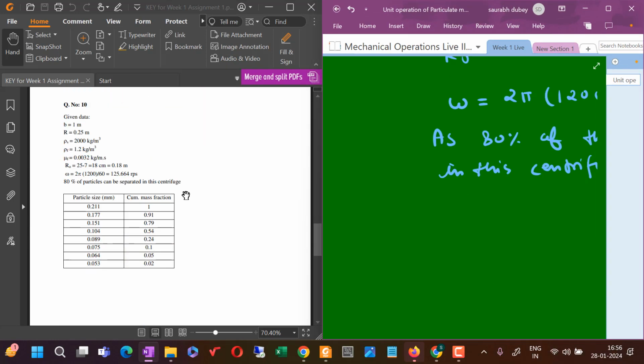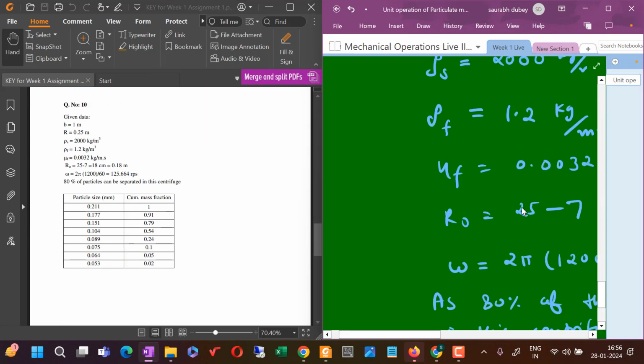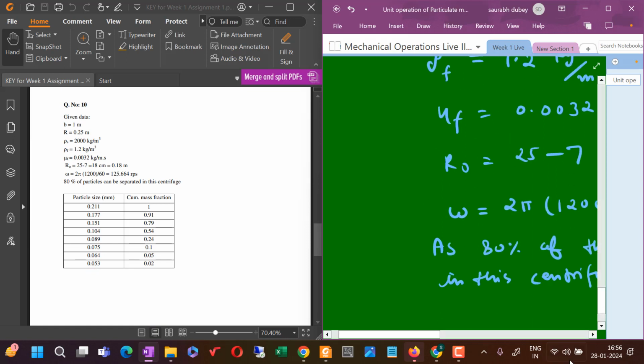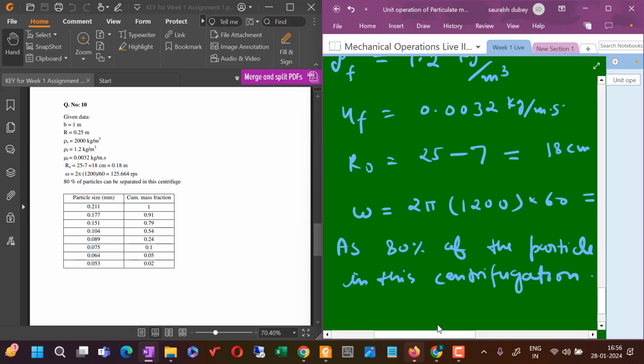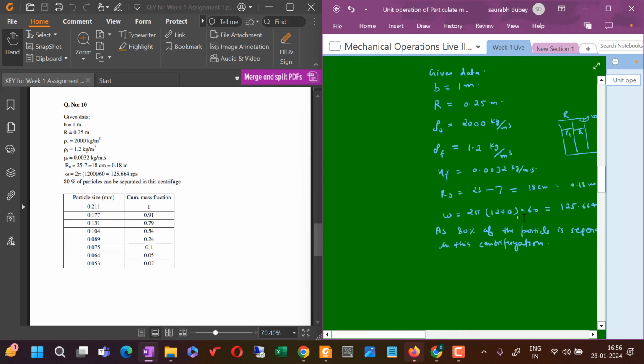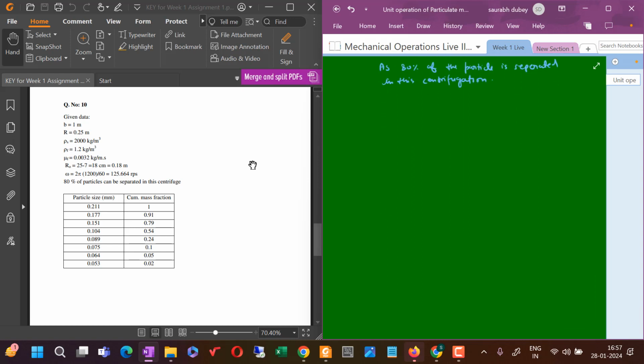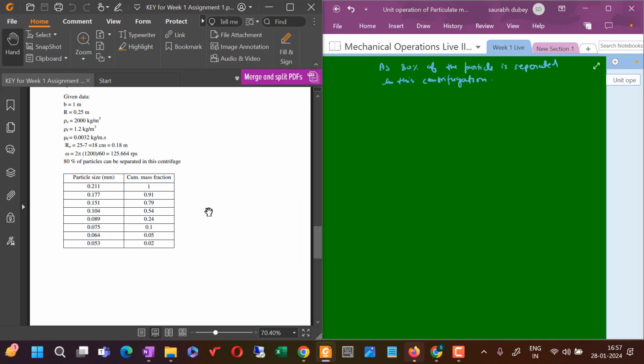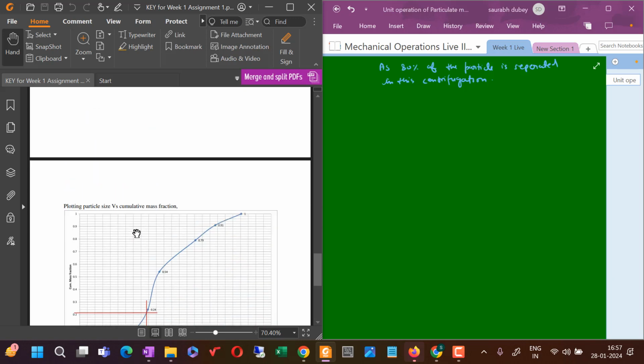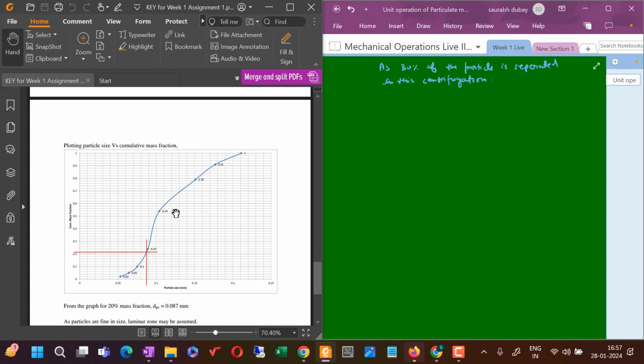You have all the values over here, and the cutoff diameter value is this, that you will get. This data will be used to plot the cumulative mass fraction versus the particle size.